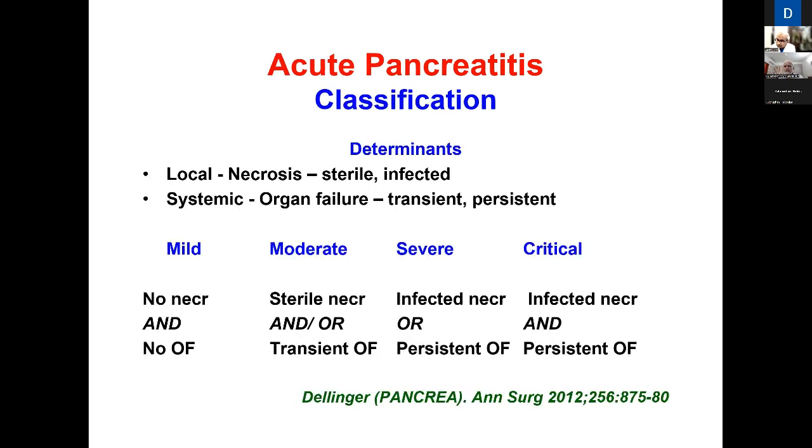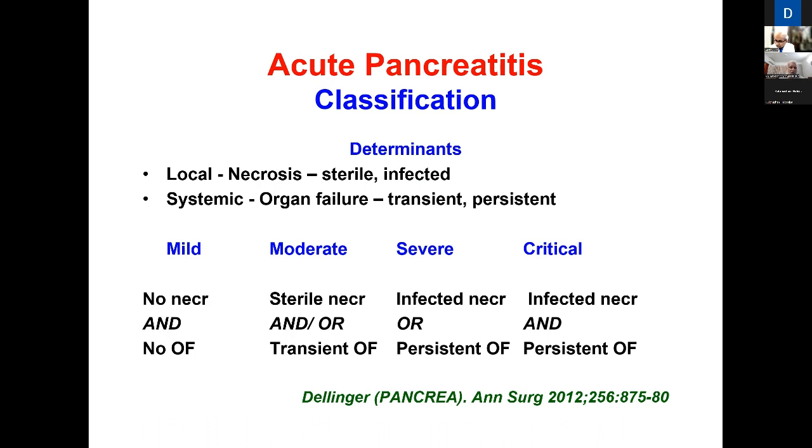Now, based on various evaluations, the acute pancreatitis earlier was classified as mild and severe, but in between a group of moderately severe acute pancreatitis has been suggested. And in fact, one of the classifications classifies pancreatitis into 4 groups. The next talk is going to cover this in more detail, but briefly, this is determined by presence or absence of local complications, including necrosis, and then whether it is sterile or infected, and systemic complications in the form of organ failure, which is either transient, that means it resolves within 48 to 72 hours with organ support, or whether it persists beyond that period.